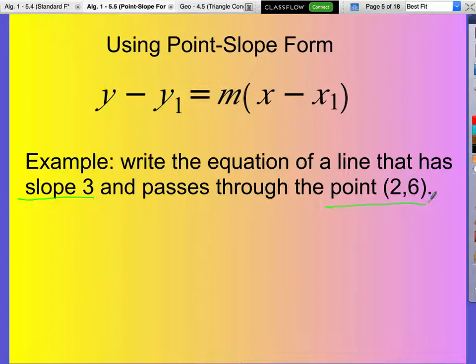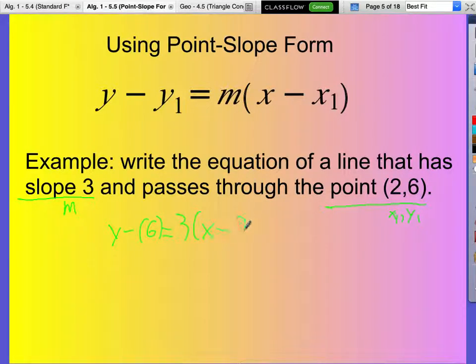And we're going to take this and plug it into our point slope form. So we'll take y minus, well, what's the y of our point? 6. So we'll call this x1, y1. So y minus 6 is equal to, what's the slope? 3. We leave x the same. And x1 is what? 2.